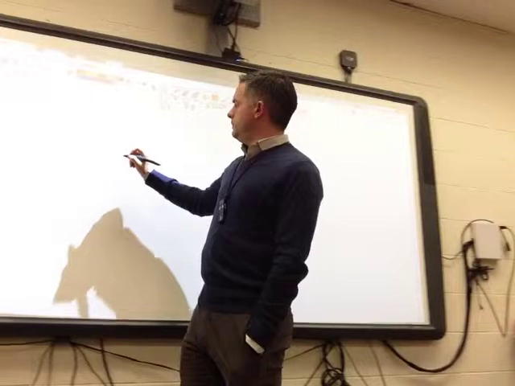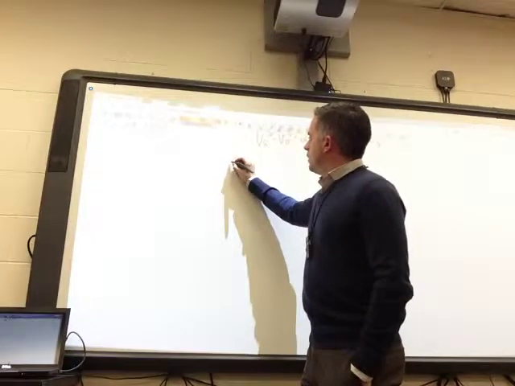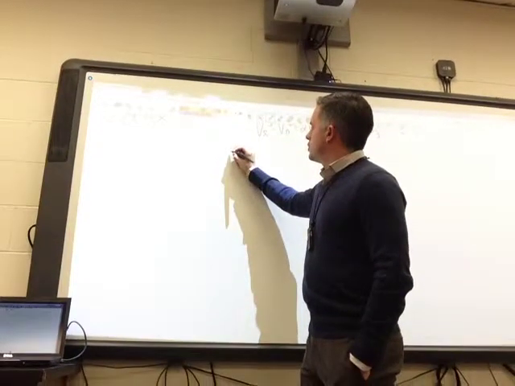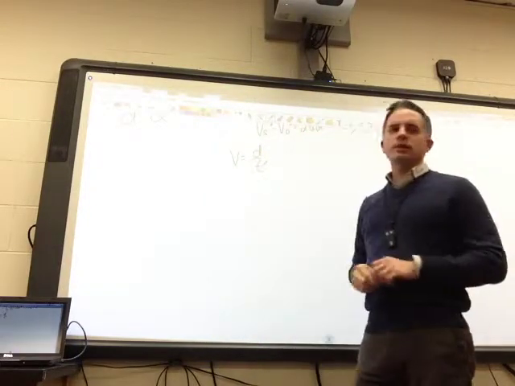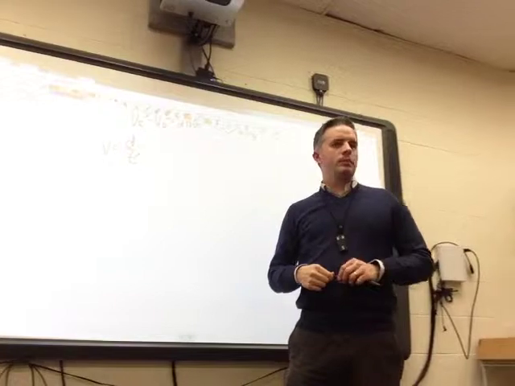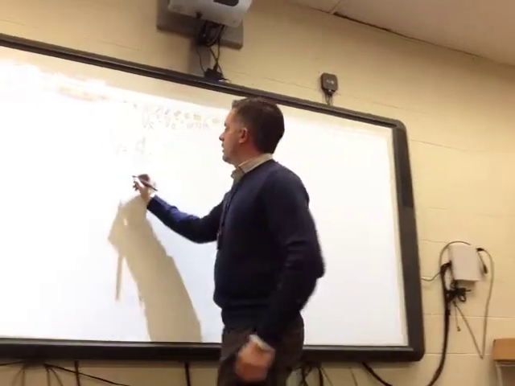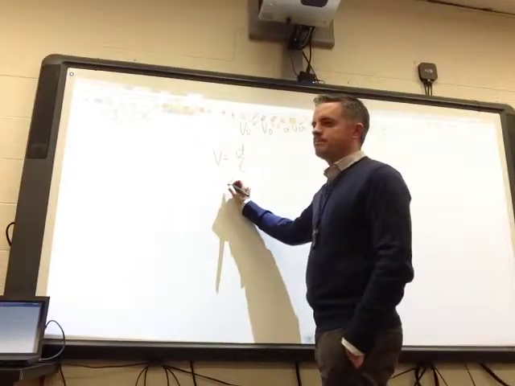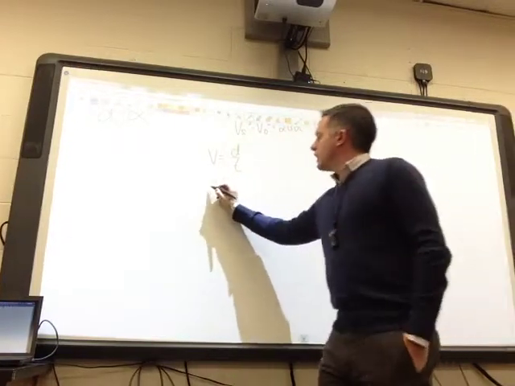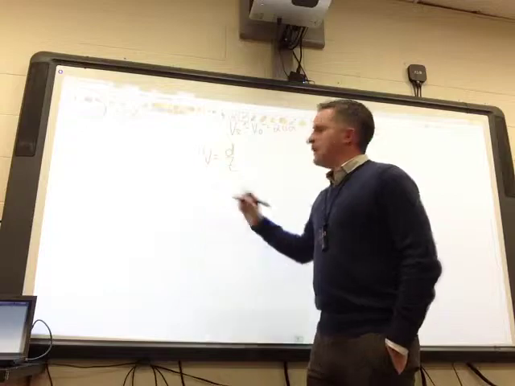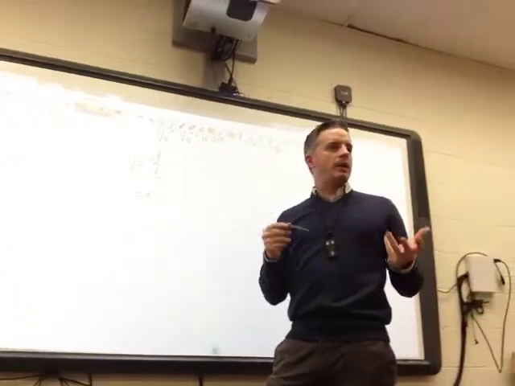All right, so we know that v equals d over t, correct? Let's say I want to know the relationship between omega and v.